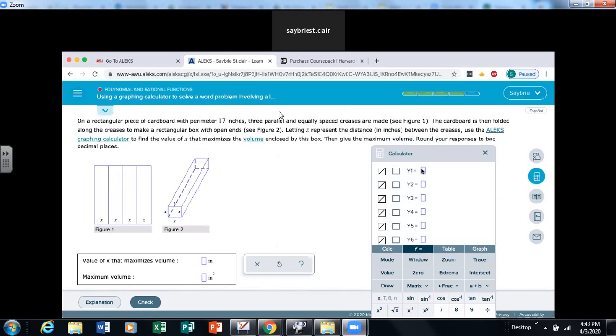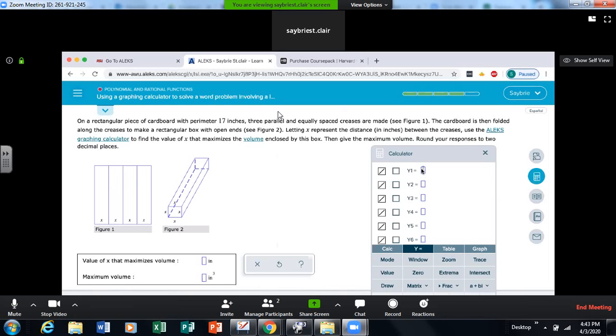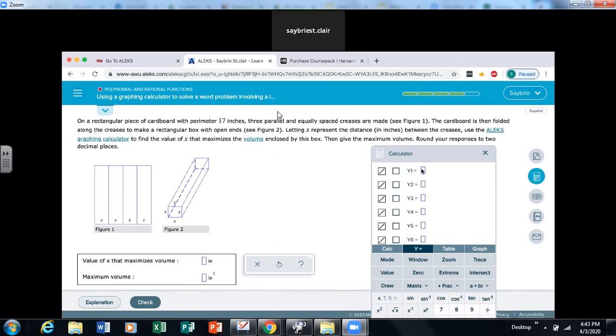Solve that for h is 17 minus 8x divided by 2 is 8.5 minus 4x, times x times 8.5 minus 4x. Alright, I'm going to send you a picture of what you're going to type in for that one.